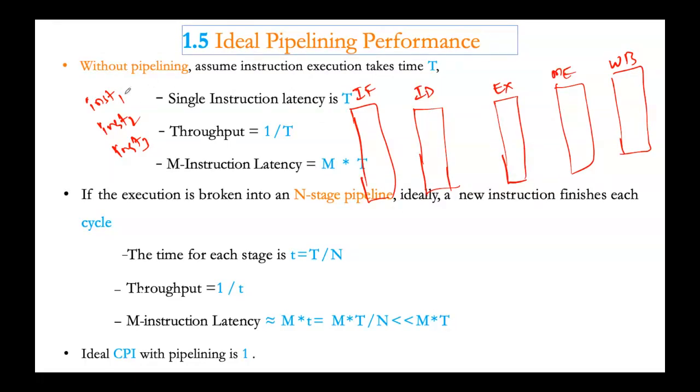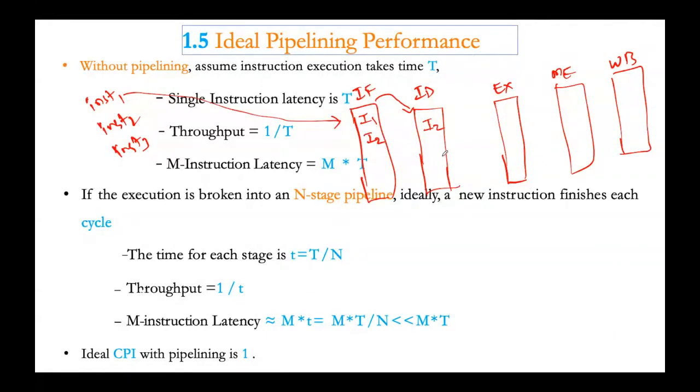First, instruction 1 gets into instruction fetching in the first cycle. In the second cycle, instruction 1 goes to the instruction decoding phase, where the instruction fetching stage can be utilized by instruction 2.